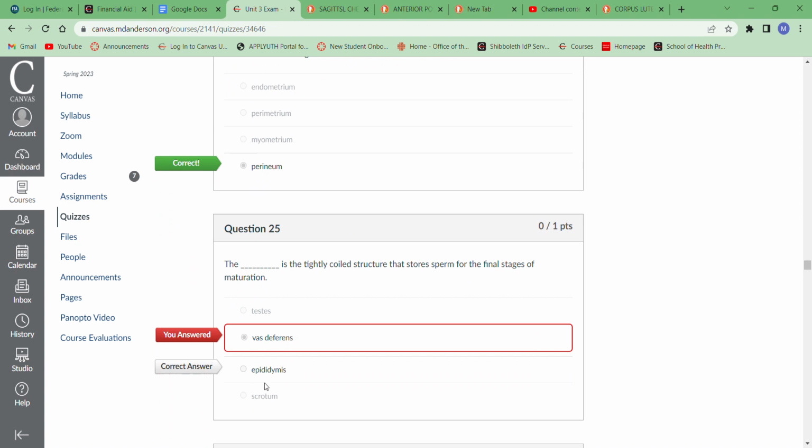Okay, so I just need to review the male reproductive organs. The epididymis is a tightly coiled structure that stores sperm for final stages of maturation. I'm going to remember that because epididymis sounds like a funny word that a child would make up.